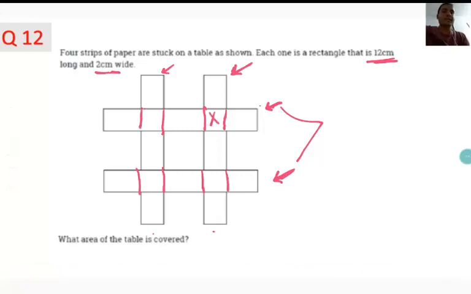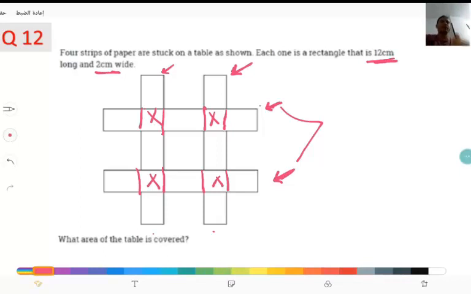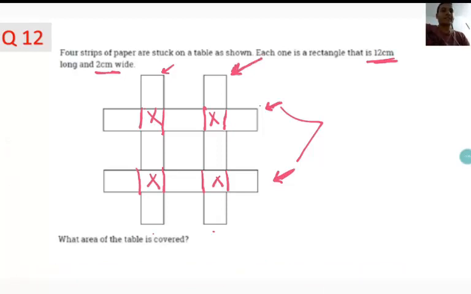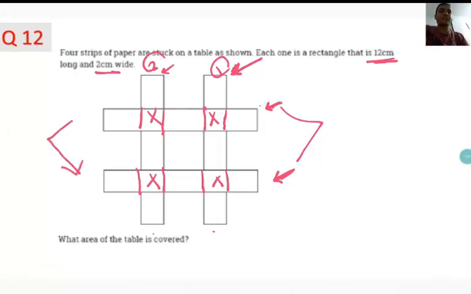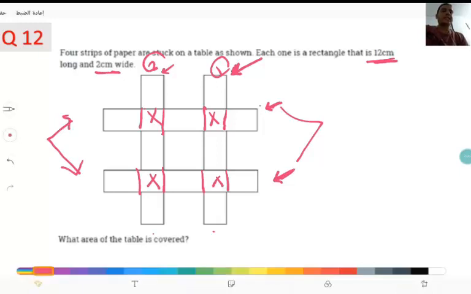So area X here will be covered from the strips, not from the table. That means the total area covered of the table is the total area of the strips minus the area of the 4 excess parts.